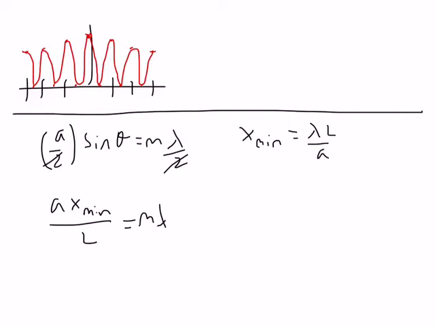And you notice that this is what we found for the max of double slits. And so that means that it's going to look kind of like this one up here, because our wavelength is the same. But wherever there's a maximum in that one, there's going to be a minimum.